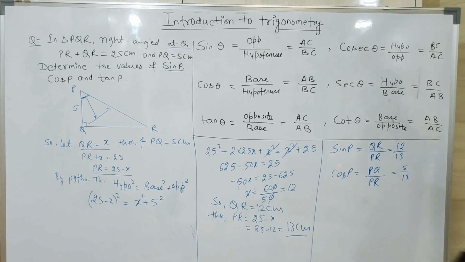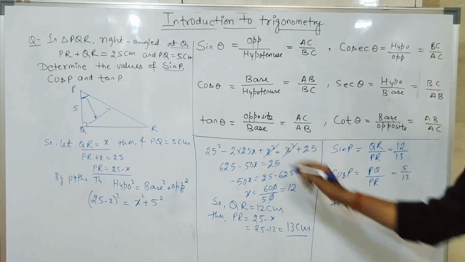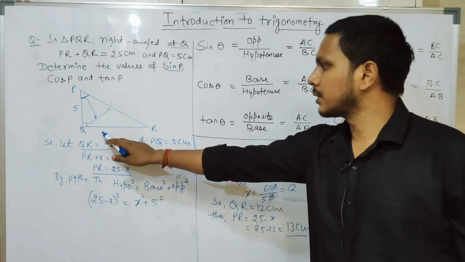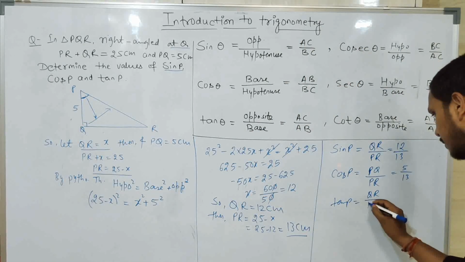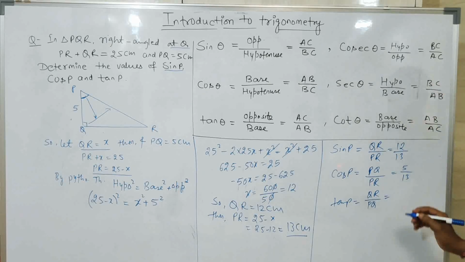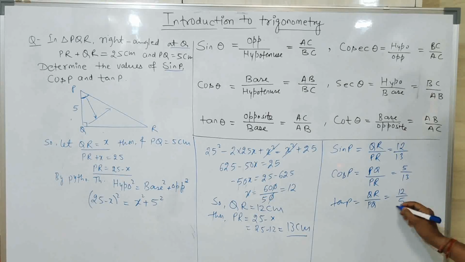So 5 by 13. And the last one, tan P. Similarly, tan P equals opposite upon base. So opposite is QR and base is PQ. So QR upon PQ. QR equals 12 and PQ is equal to 5.